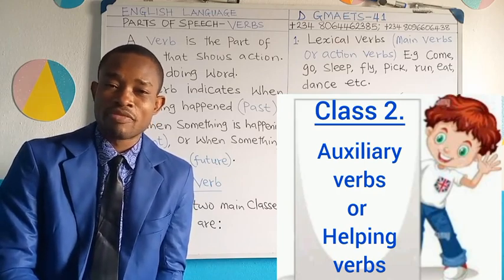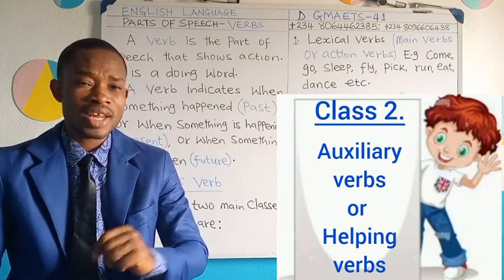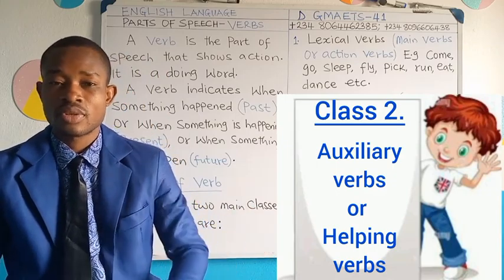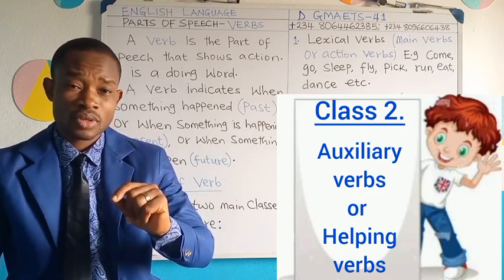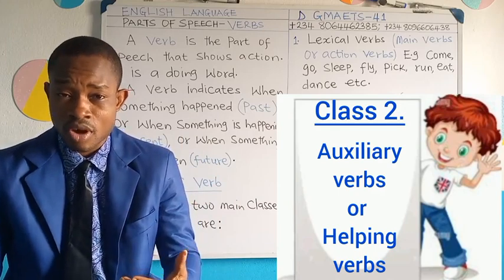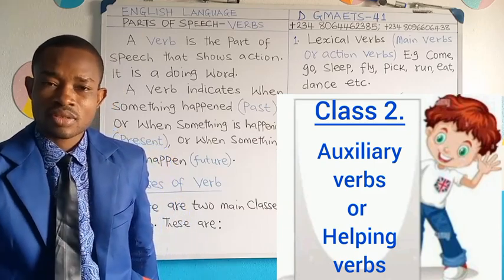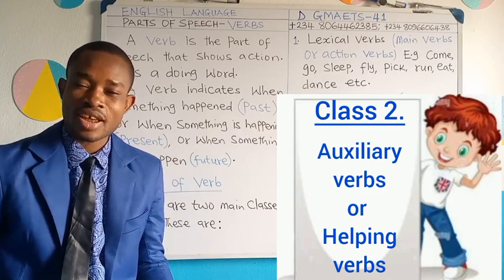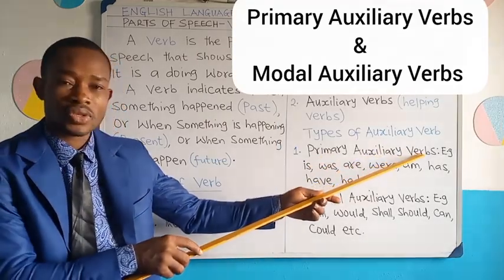Examples of these helping verbs, we have them on the board. But before we talk about their examples, let us look at 2 other types of auxiliary verbs. Okay, 2 other types of auxiliary verbs. Under these 2 other types of auxiliary verbs, we can now give examples of auxiliary verbs. The 2 types of auxiliary verbs are the primary auxiliary verbs.